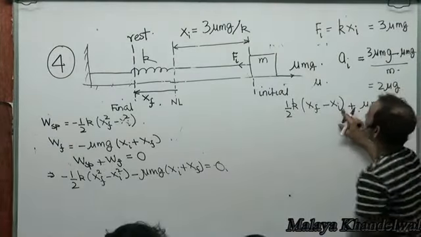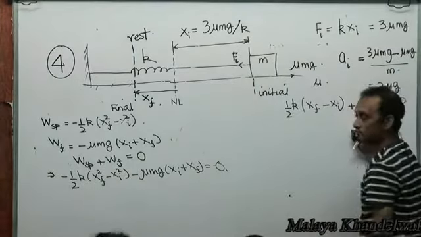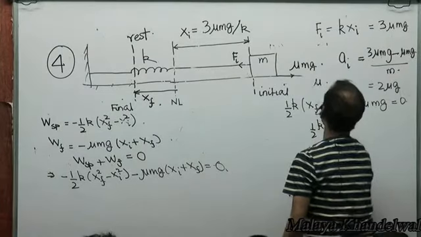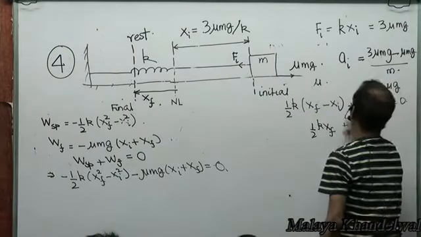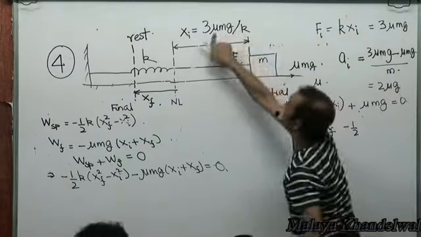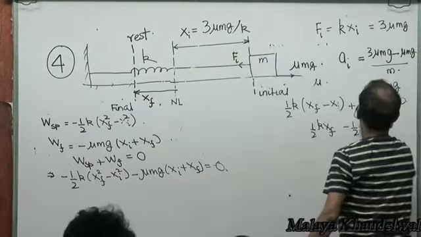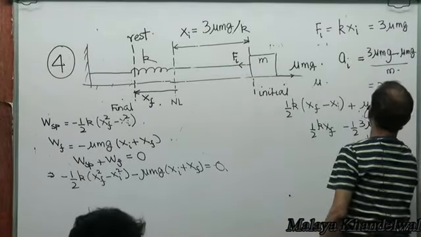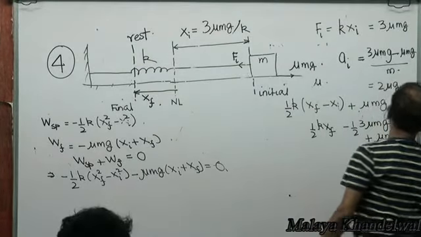And kxi is 3 mu mg. So minus half kxf plus half kxi, kxi is 3 mu mg, minus mu mg is 0.